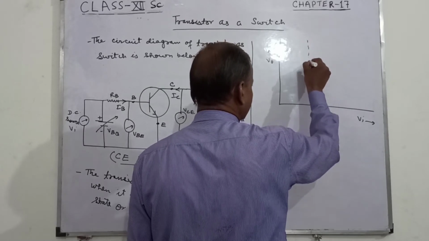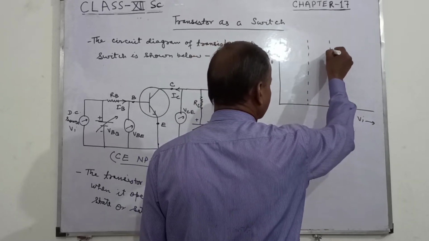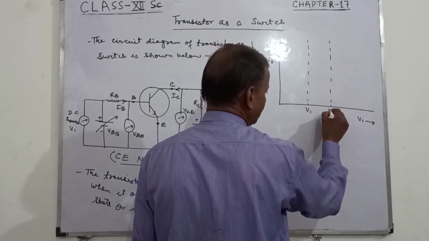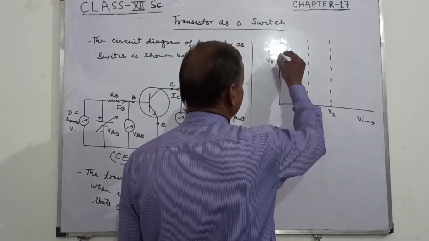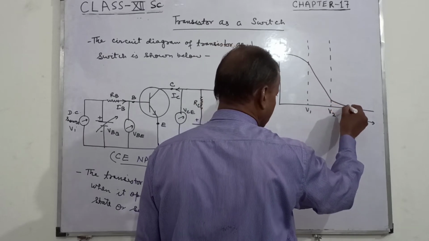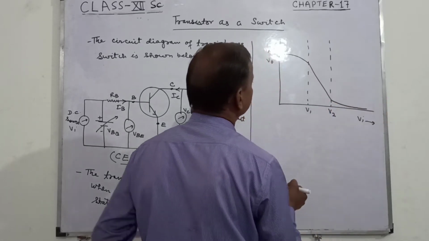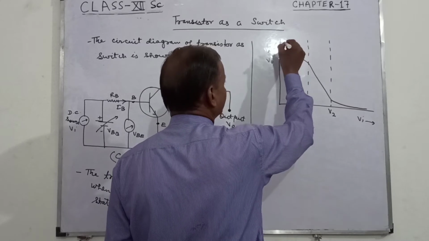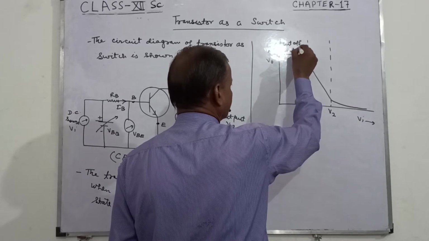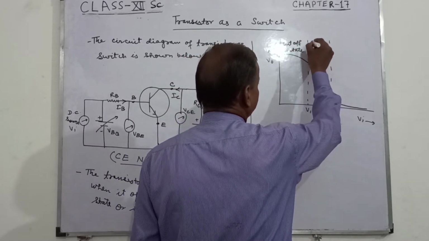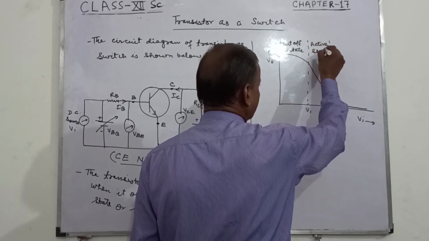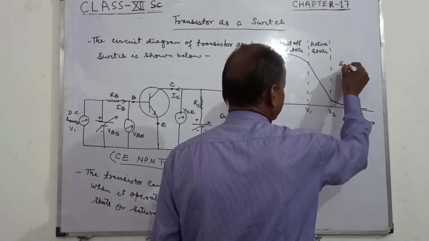Suppose this is the potential V1, this is the potential V2, and now this is the cutoff state. This is the active state. And this is the saturated state.